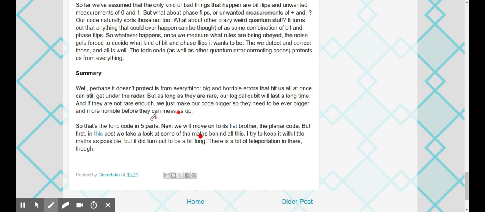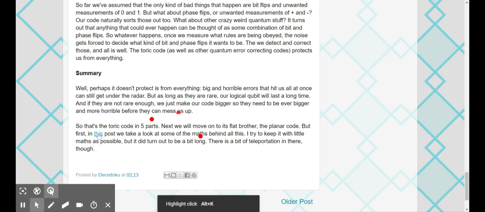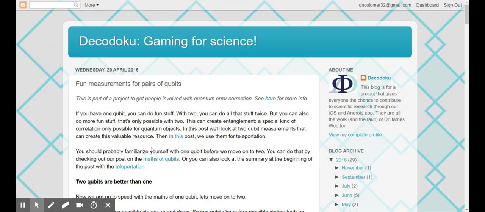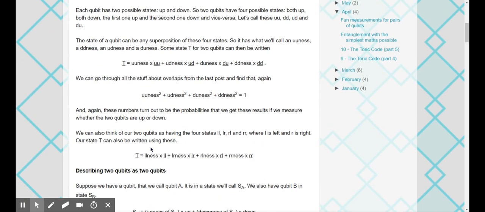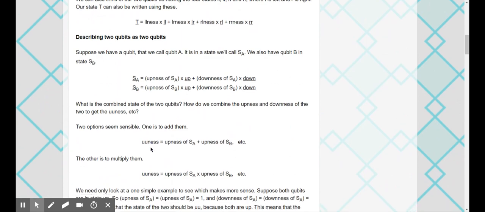But first, in this pause, we take a look at some of the maths behind all this. I try to keep it with as little maths as possible, but it did turn out to be a bit long. There's a little bit of teleportation in there, though. Okay, let me just check it out quickly. Measurements for pairs of qubits.